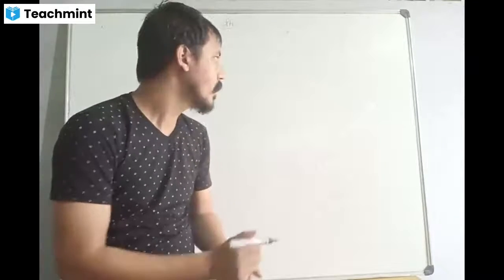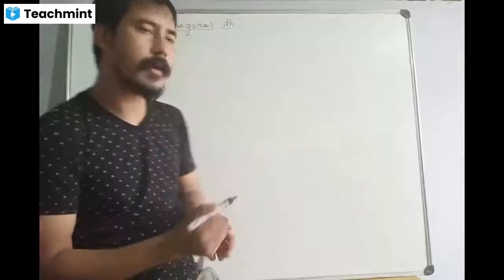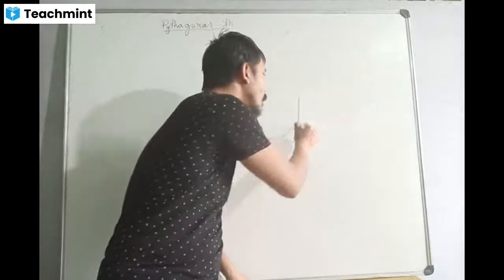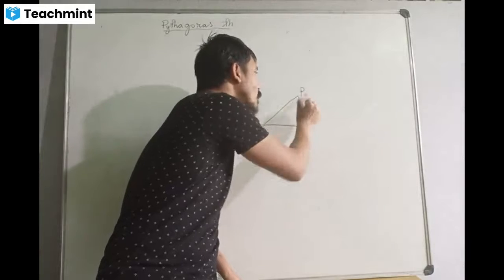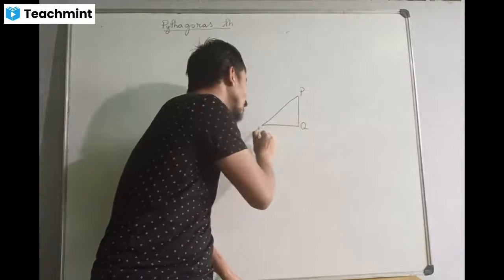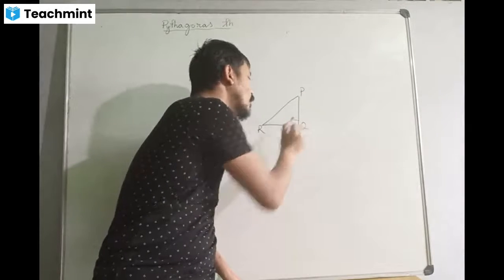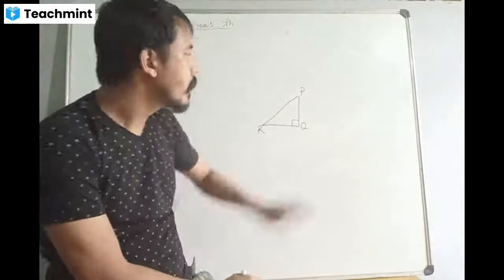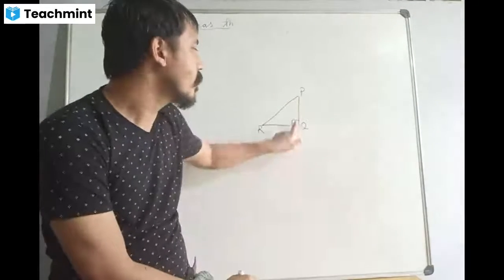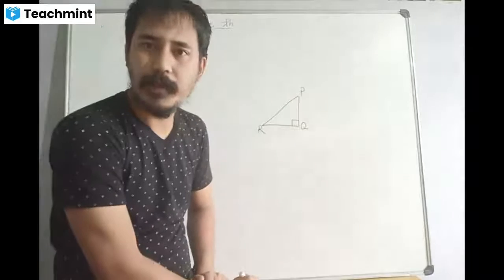So if we want to construct a right triangle, then we construct it this way. Suppose PQR is a right triangle, right angle at Q. So that is how we construct a right triangle, a triangle in which one of the angles is 90 degrees.